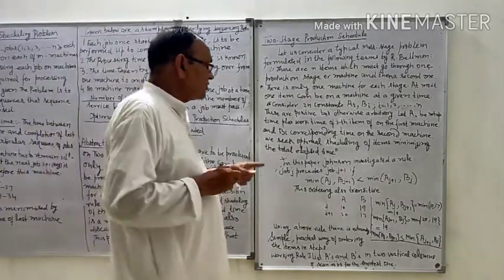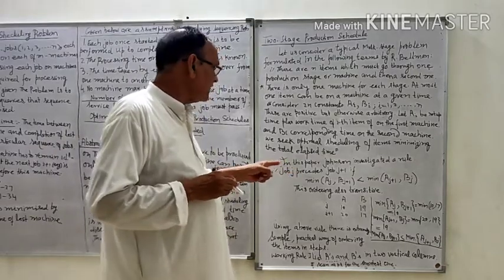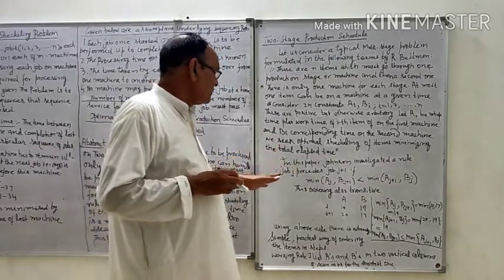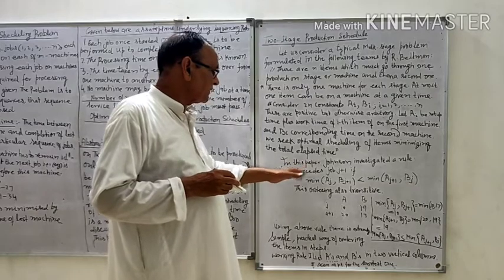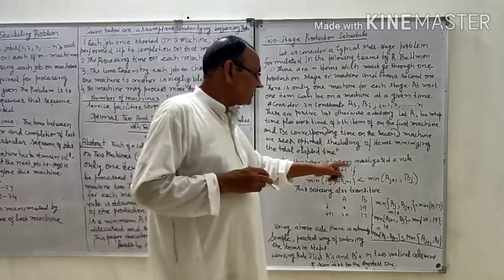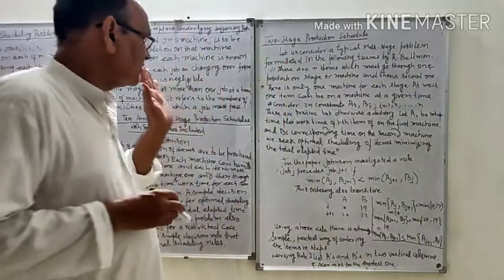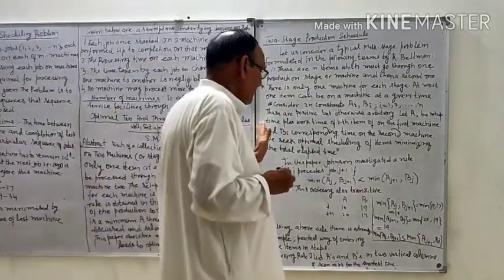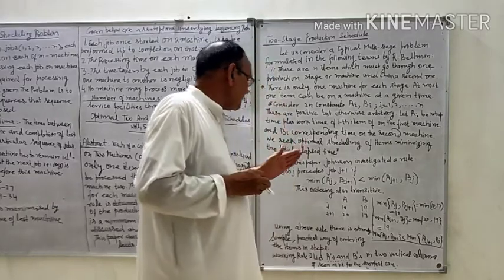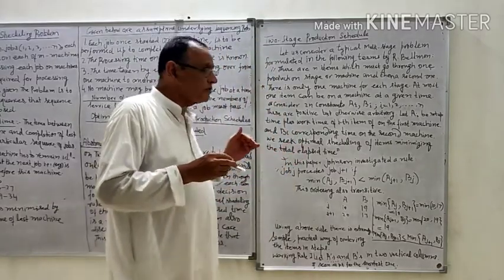So in this paper, Johnson investigated a very simple rule. Job J precedes job J plus 1. You should not think that J and J plus 1 can be only consecutive jobs.